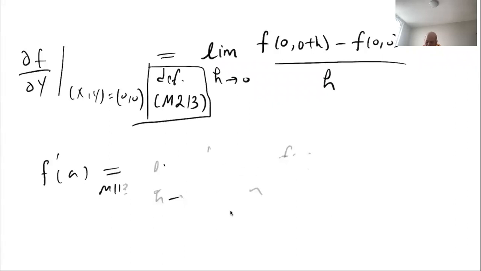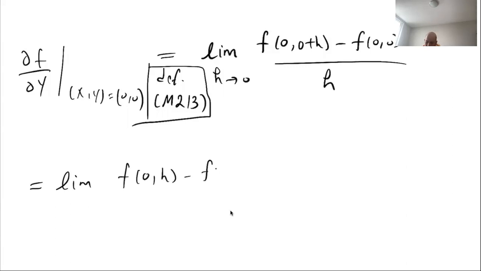All right. So if we continue this, now this one can be written as the limit of f of 0 and h minus f of 0 and 0 divided by h as h approaches 0.